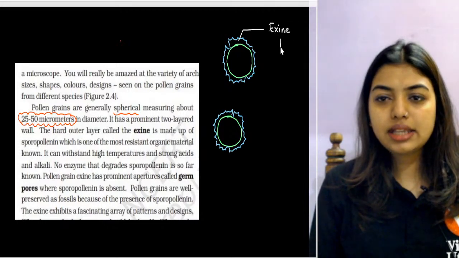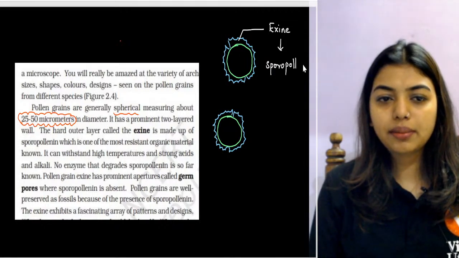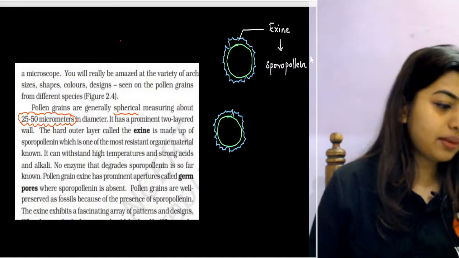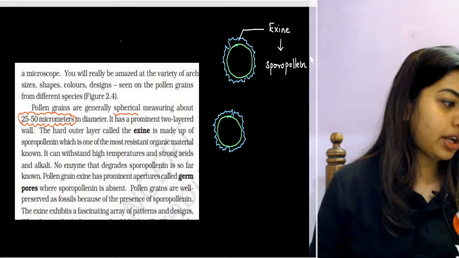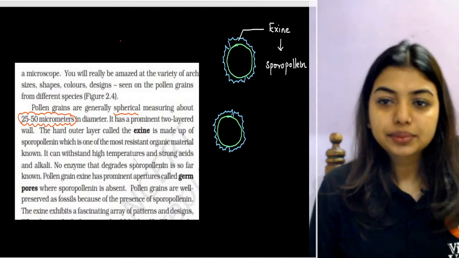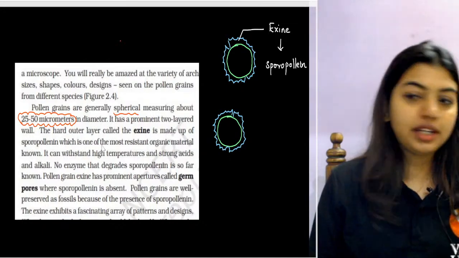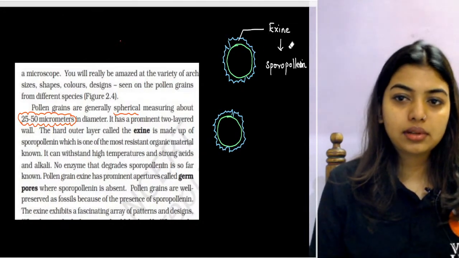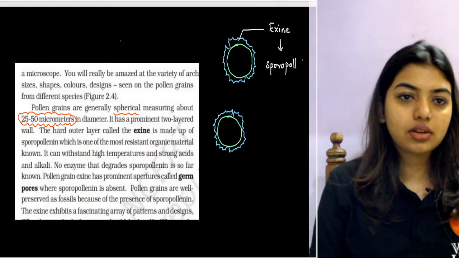Okay, and this exine, students, listen carefully, it is made up of sporopollenin. Okay, it is made up of what? Sporopollenin. Very, very important. Are you all following me for this? Sporopollenin. In the spelling I wrote, it is not visible.